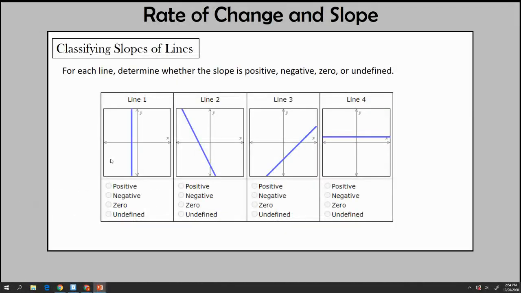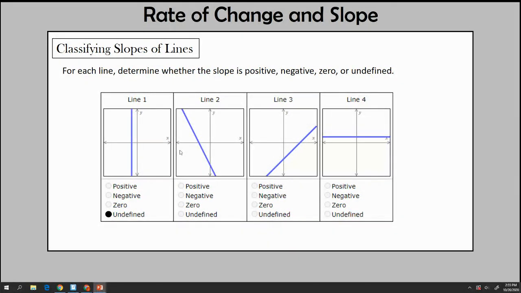Okay. So the first type of questions here are real simple. Just in general, what kind of lines are these? Positive, negative, zero, or undefined? Well, the first one here is this vertical line. It would be x equals some number. Let's say it's x equals 1. Anytime you have a vertical line, you have an undefined slope.